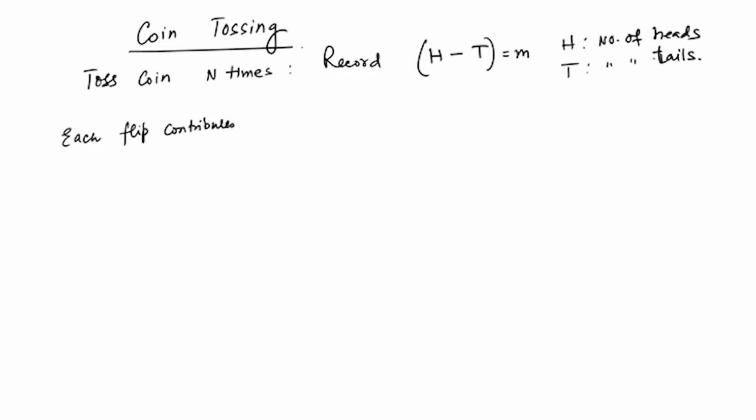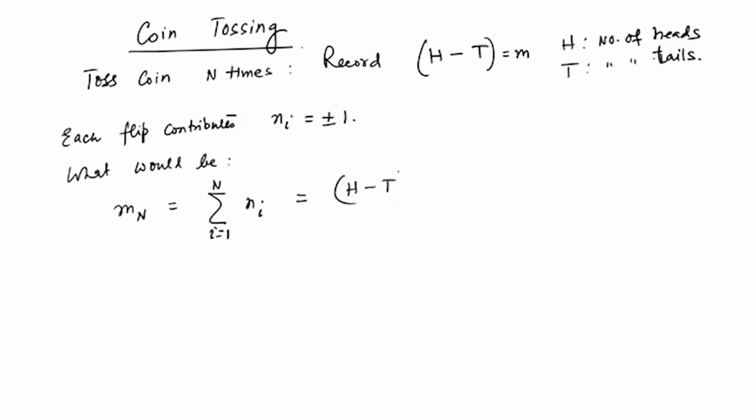Each flip contributes Ni equal to plus minus 1. So, you ask this question, what would be Mn, which is the sum over i equal to 1 to n of Ni, which is equal to H minus T. As I said, Mn average is equal to 0, because there is equal probability of having head and tail.